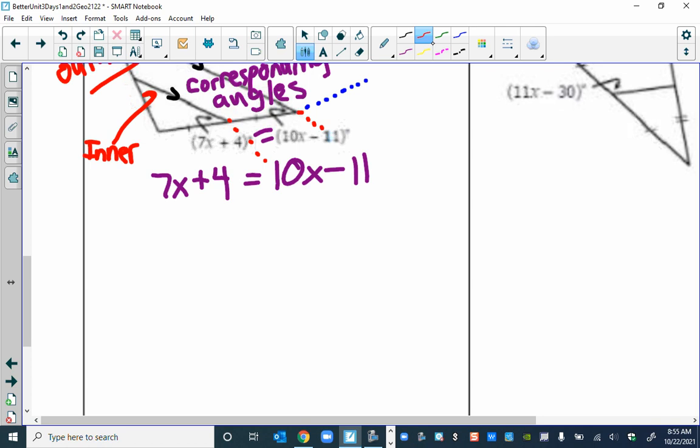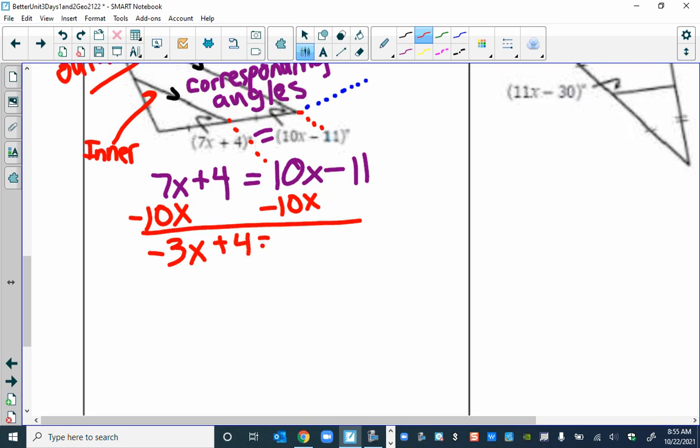where we did the -10x first, which, okay, you could have done it that way, that's fine. And then right here was where some of us were starting to make a mistake. You owe $11, now you owe another $4.